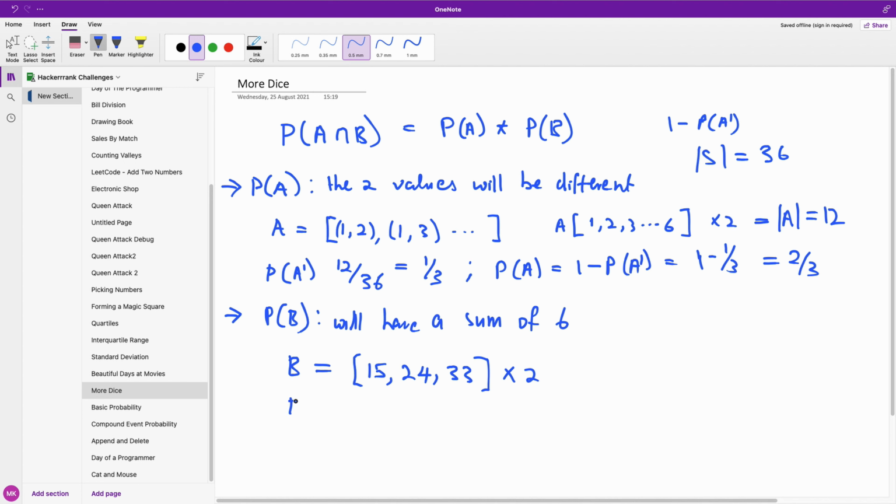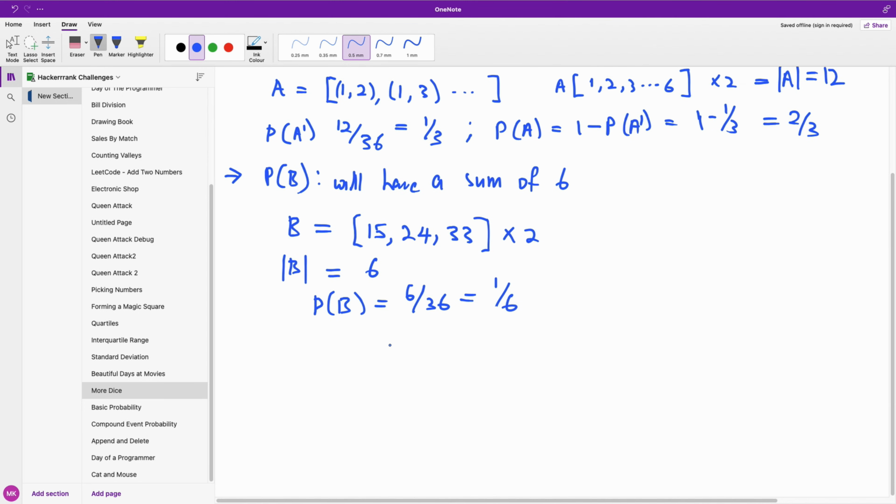So the number of items in B, I forgot the name of this expression here. I think it's called the range. No, it's not the range, but the dimension of B maybe will now be 6. All right, and therefore the probability of B will now be 6 over 36, and that's going to give us 1 over 6, right?